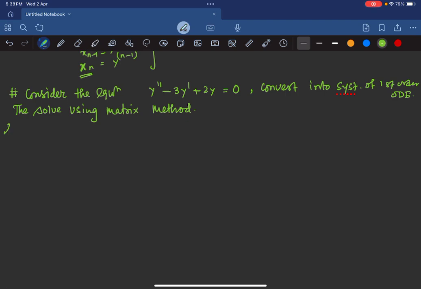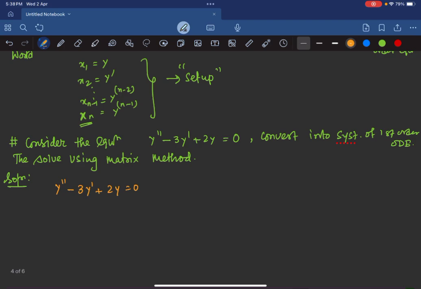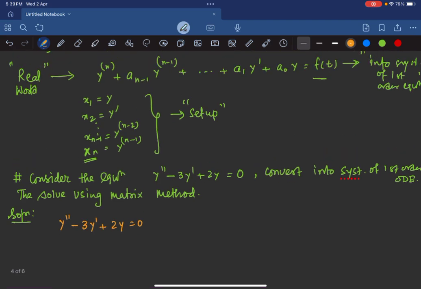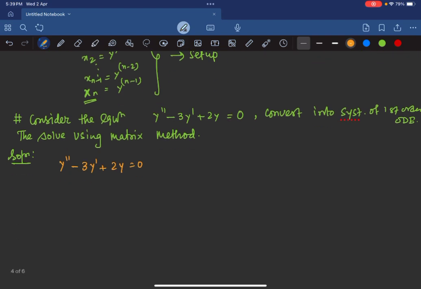Now see the solution. Here the equation is y'' minus 3y' plus 2y equals 0. Just now what we stated, this conversion technique: it was an nth order equation, so we introduced these variables like this. Similarly here we take x1 equals y, and suppose x2 equals y'.